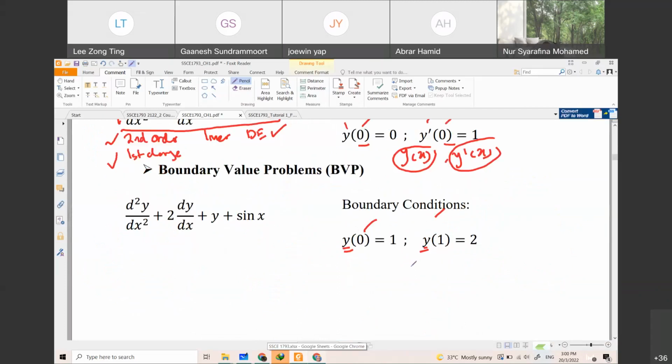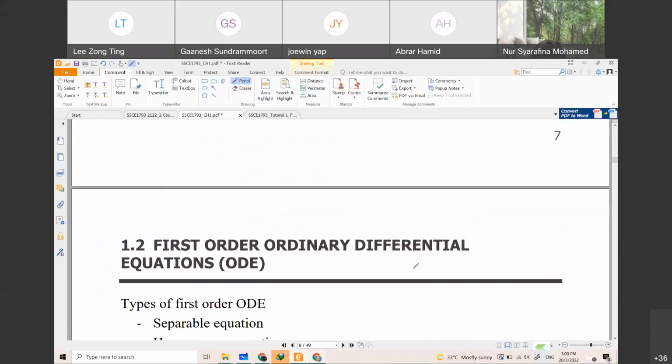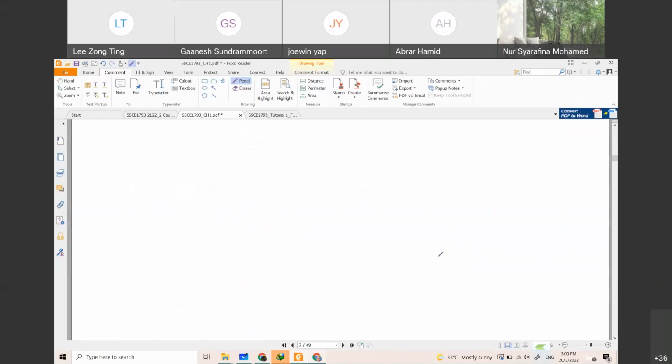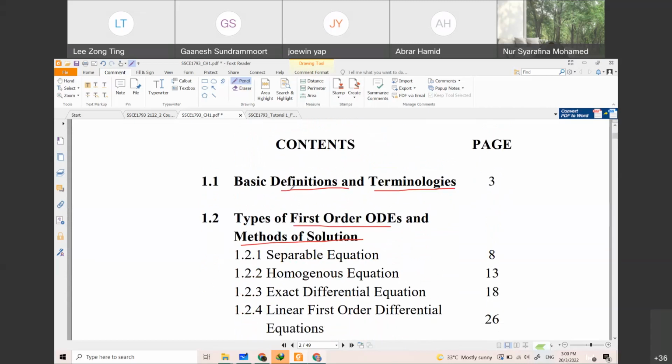After this, you are going to proceed one by one with the types of ordinary differential equations, focusing on first order first. Let me explain again the summary of this chapter. First, you have done the basic definitions and terminologies.